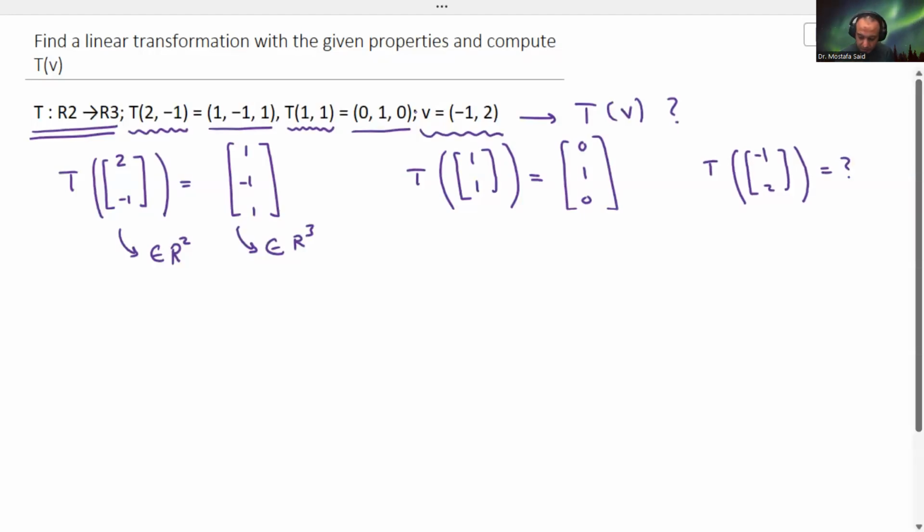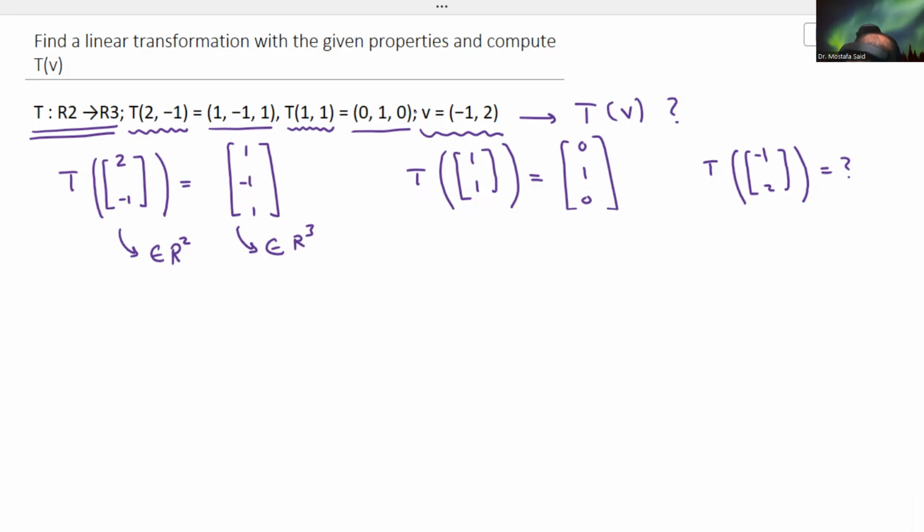Okay, good. So in the beginning, what is a linear transformation? It's a matrix multiplication. That's it. Don't confuse yourself. So we have some kind of matrix that we don't know in this question. When we multiply this matrix with vectors that belong to R2, or 2 by 1 vectors, it gives us three-dimensional vectors, 3 by 1.